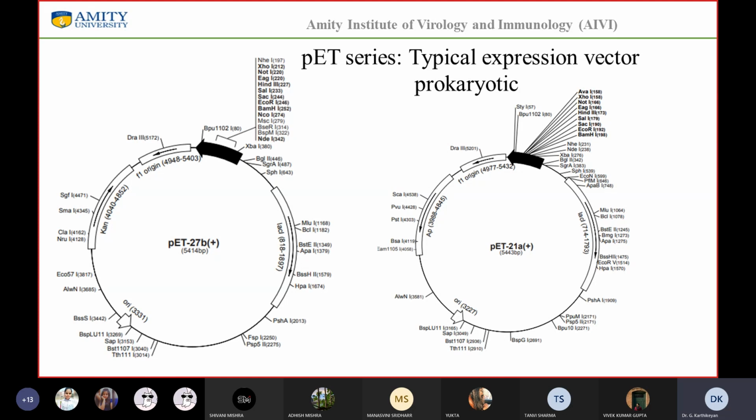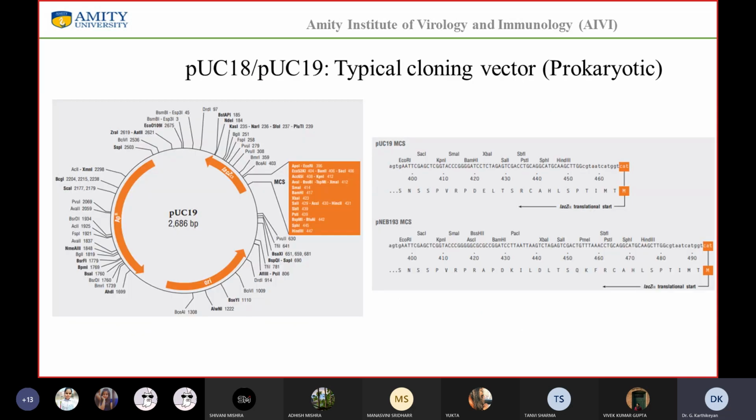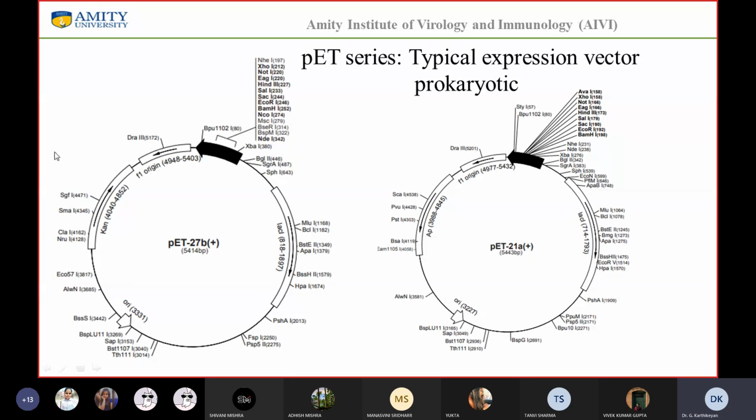But just to tell you, between a typical prokaryotic cloning vector like pUC18 or 19, and an expression vector like PET27B, the first thing that strikes you is that the size of the plasmids is a little bigger. Expression plasmids per se are a little bigger compared to the cloning plasmids, and they have additional modules like lacI, which is a repressor, and the F1 origin of replication for making single-stranded DNA fragments.